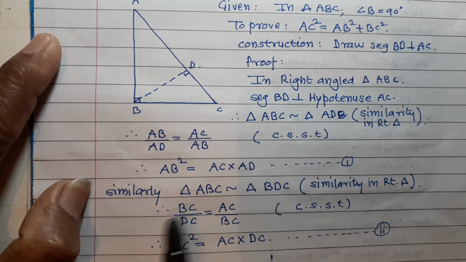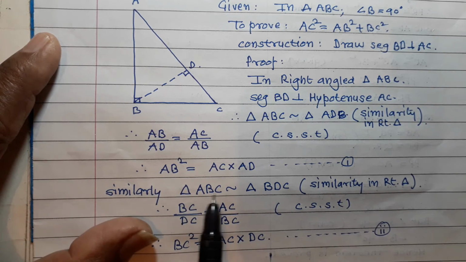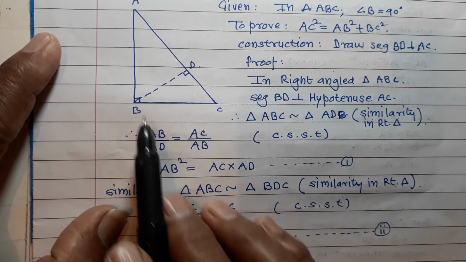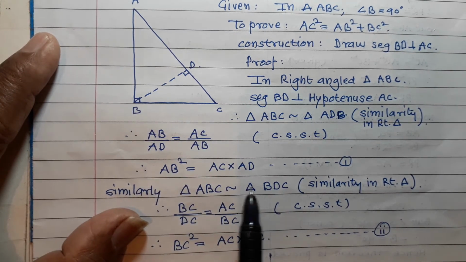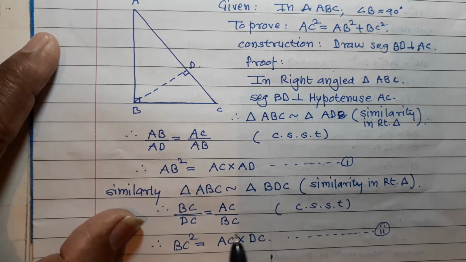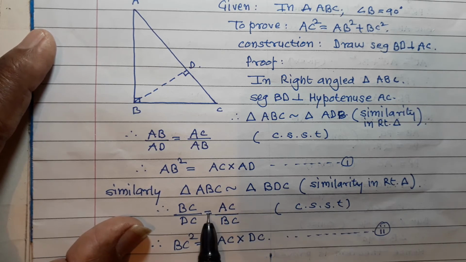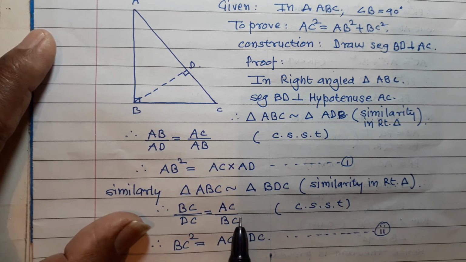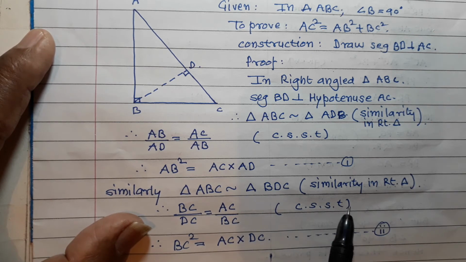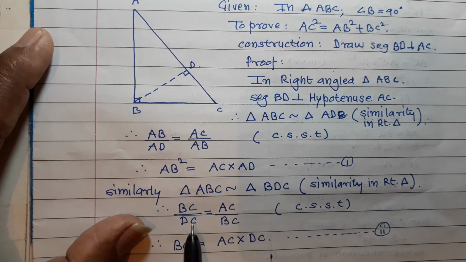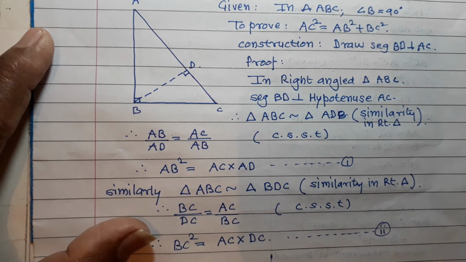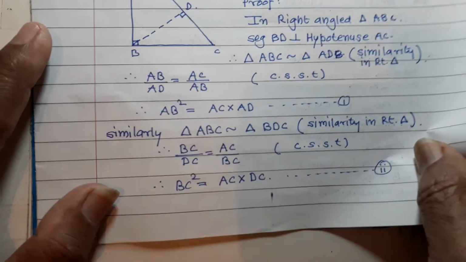Statement number 1. Similarly, triangle ABC is similar to triangle BDC, and therefore BC upon DC is equal to AC upon BC, corresponding sides of similar triangles, and therefore BC square is equal to AC into DC. Statement number 2.